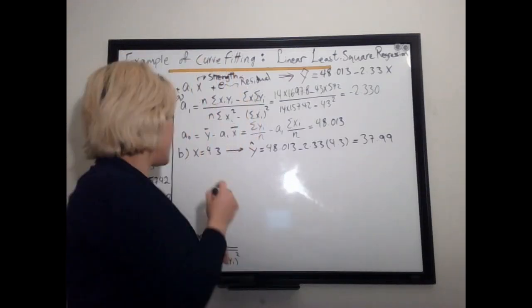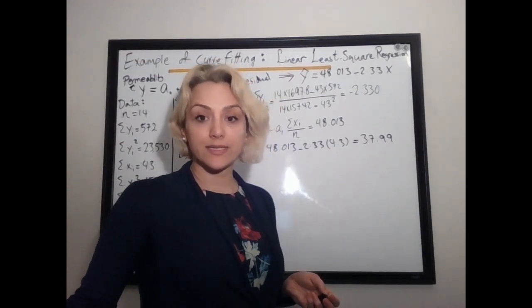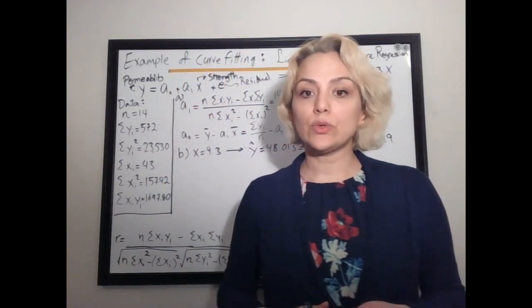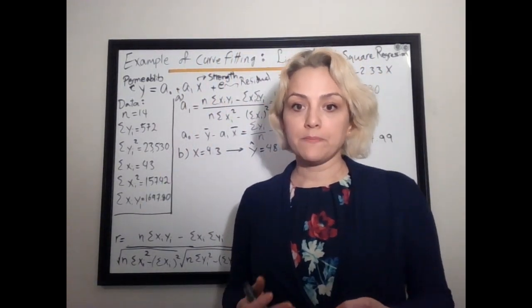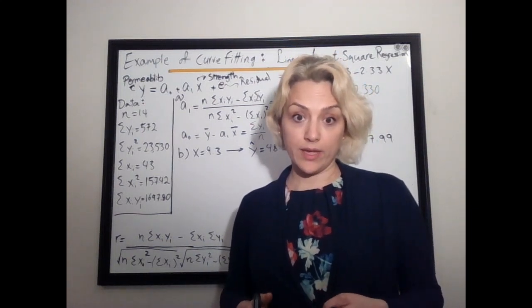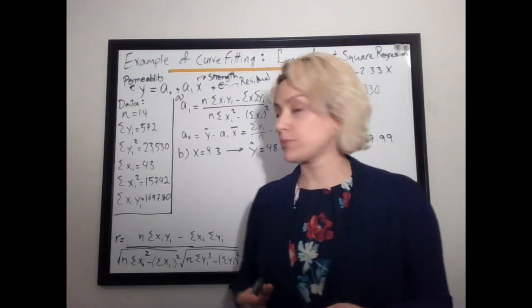Okay. So for part C, it says to suppose that the observed value of permeability at x equal to 3.7 is y equal to 46.1.